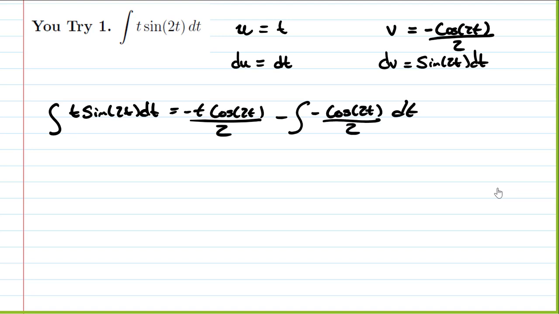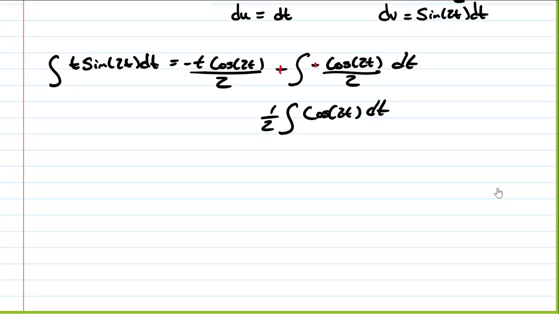So simplifying, we have a minus minus makes it a plus, and we can pull the 1/2 out of our integral. So we get 1/2 times the integral of cosine 2t dt. So we can directly find the antiderivative of that in a similar way that we did above.